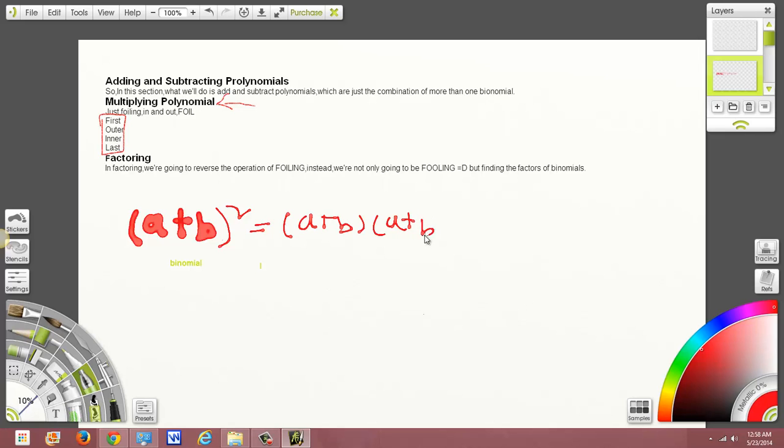Or you can do a minus b times a minus b, because minus and minus become plus.